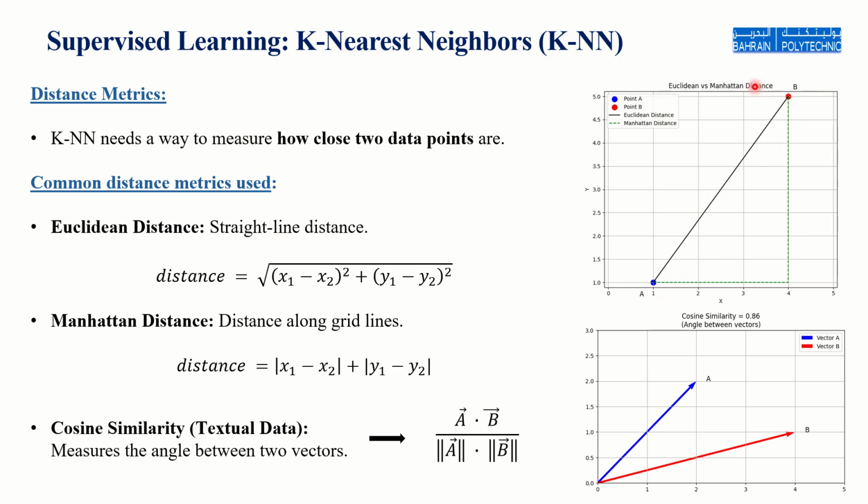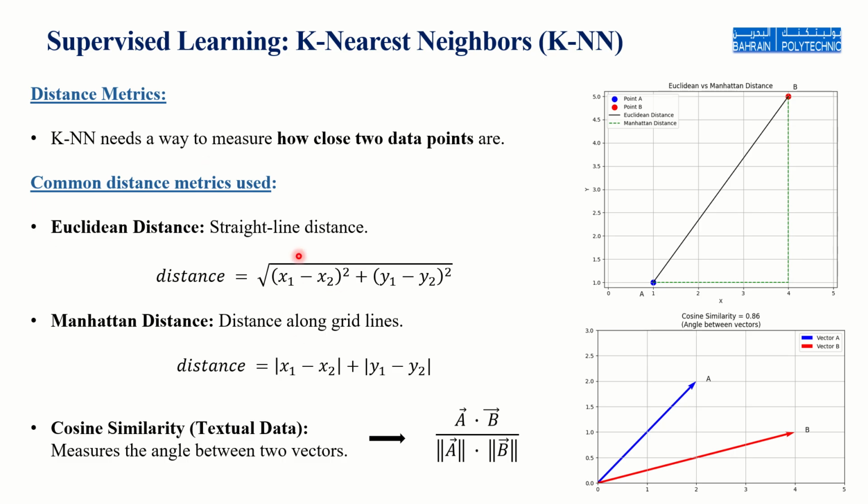Then you take the root of x1 minus x2 the whole square plus y1 minus y2 the whole square. This is the formula we use. So 1 minus 3 the whole square plus 2 minus 4 the whole square, and you find the root of it. That value will give you the Euclidean distance.